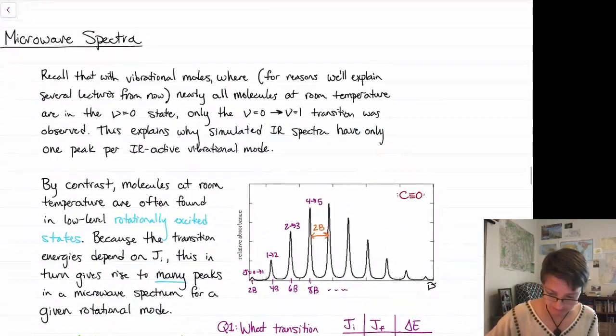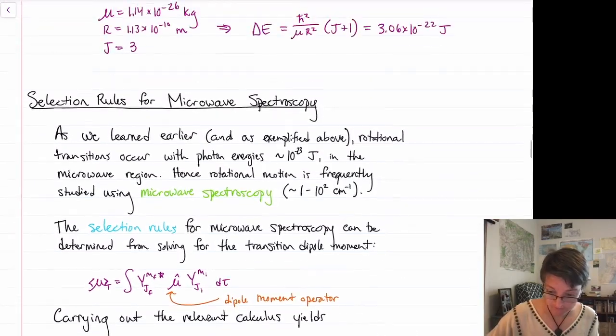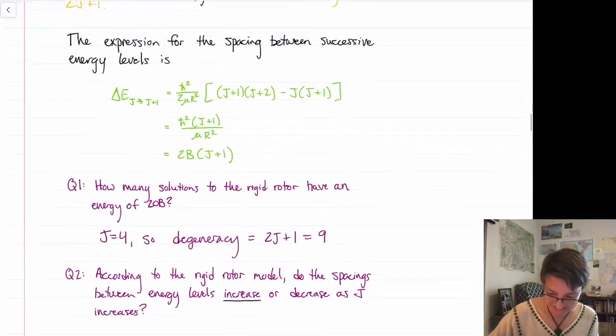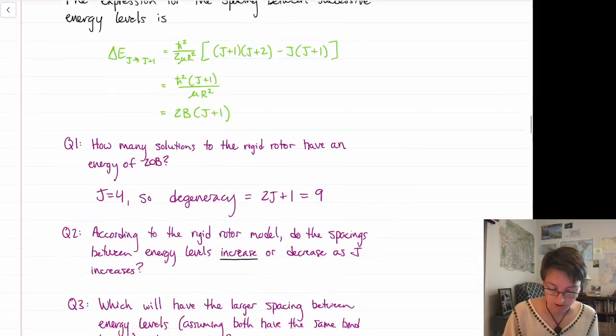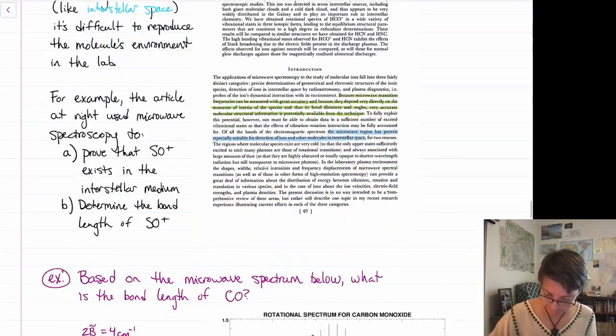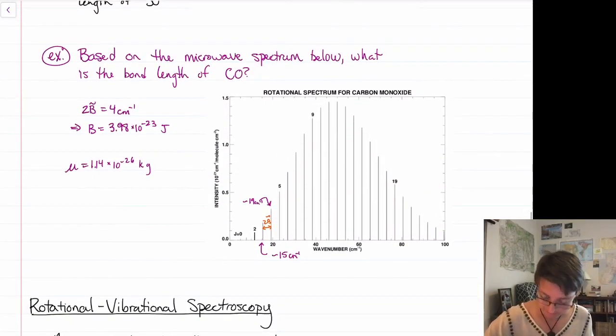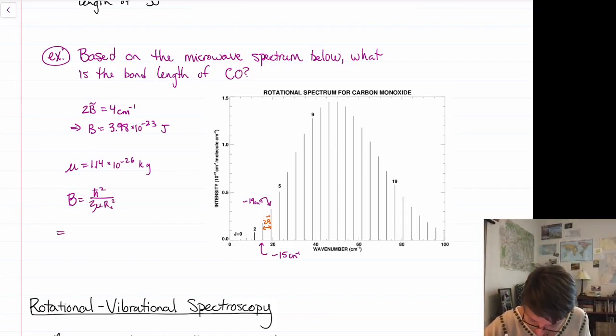The only thing that we need to remember from above is what the value of B means. B corresponds to h bar squared divided by 2 mu r squared. So B is equal to h bar squared divided by 2 mu times the equilibrium bond distance squared, which means that R equals the square root of h bar squared divided by 2 mu B.